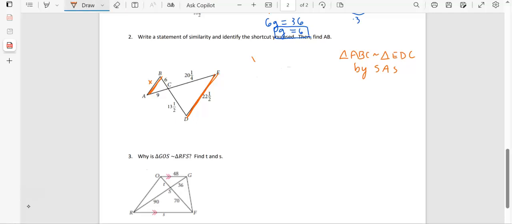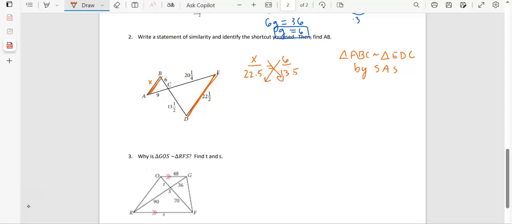Again, if I'm going to start with triangle ABC, I'm going to make sure when I do my next ratio, I put triangle ABC on top. There are multiple ways to set up a ratio. So just because your ratio doesn't look like mine doesn't mean that you're doing something wrong. All right, so I said x over 22.5 equals 6 over 13.5.